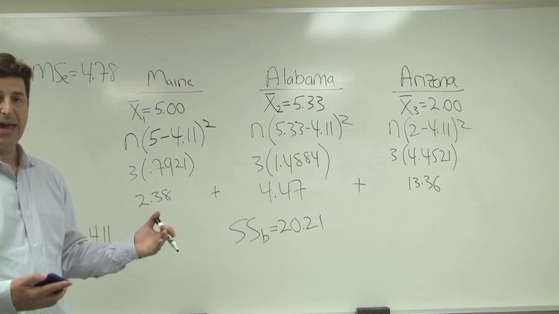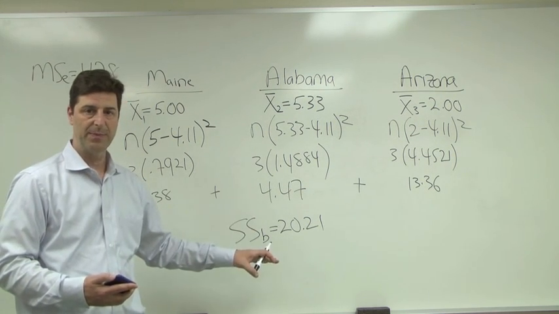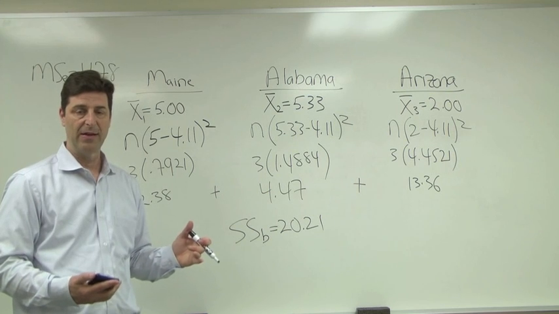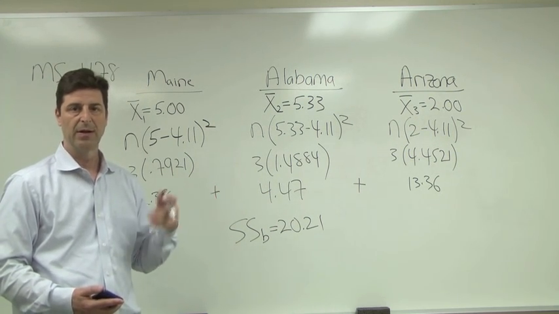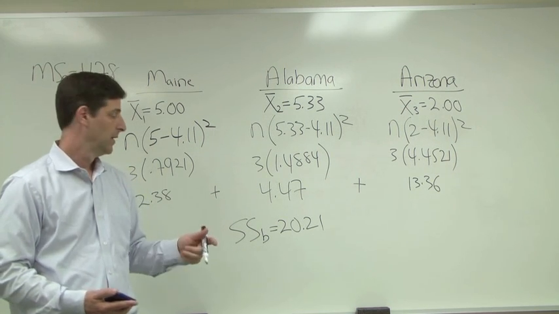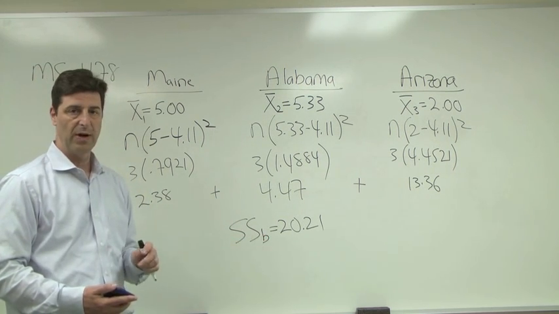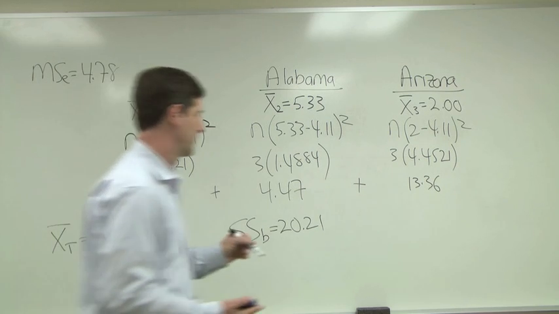Now we've got to convert that SSB into an MSB, and to do that we just divide by the number of groups minus 1. There's 3 groups in this analysis. 3 minus 1 is 2. So we're going to take 20.21 divided by 2.